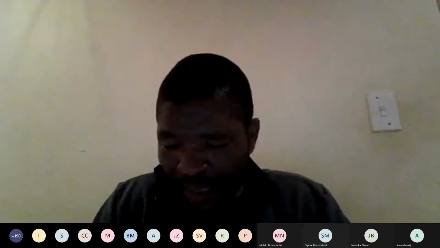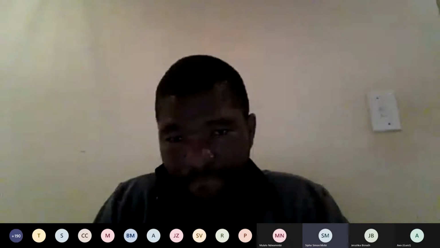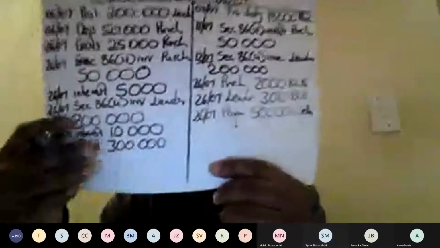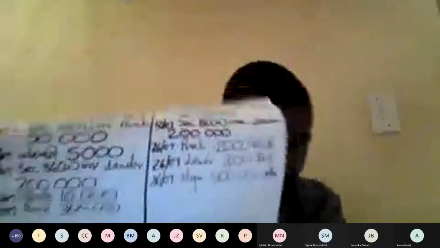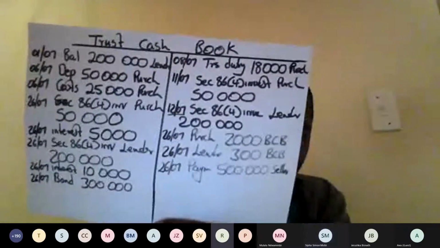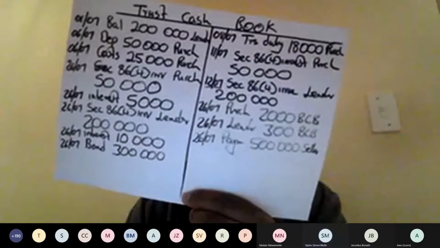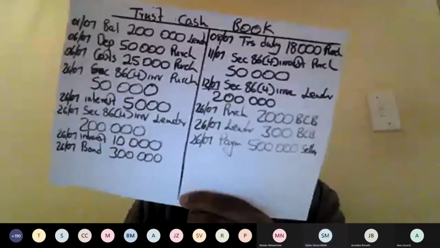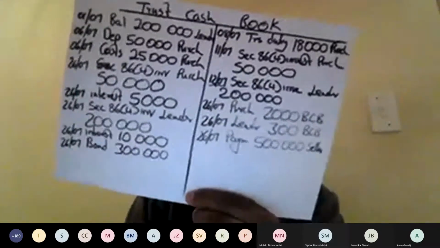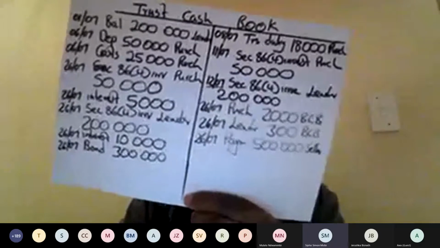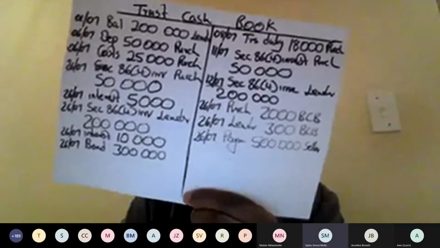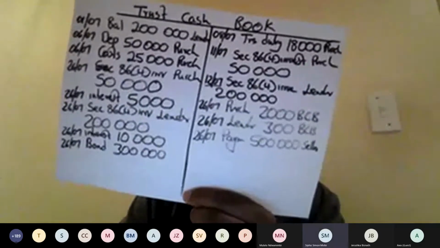Who are you going to debit now? The seller. The seller's ledger. We have credited our trust cash book, and then we are going to debit the seller's trust. You go to the seller's trust ledger account, 26 of 7.